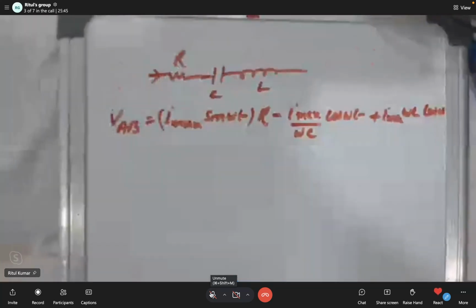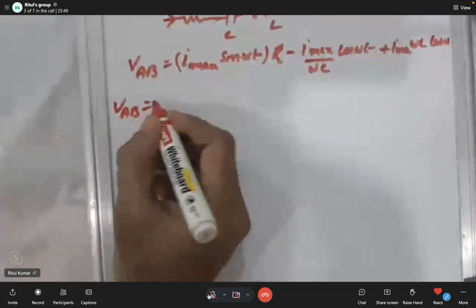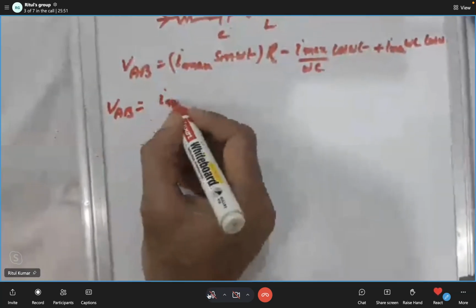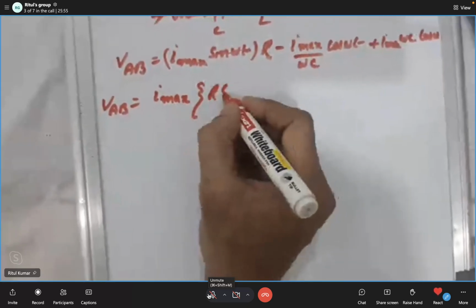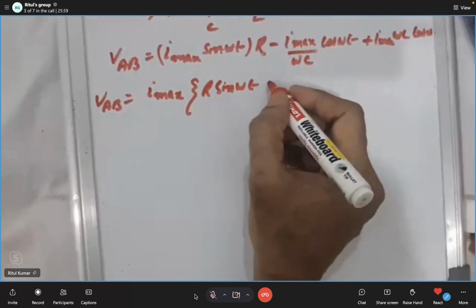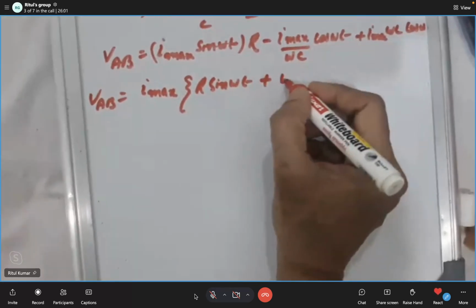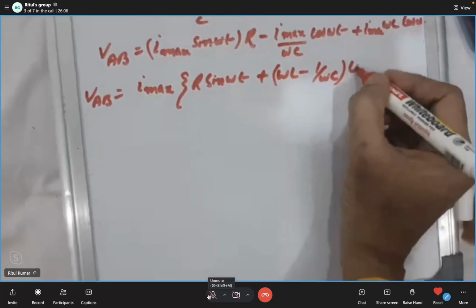We checked it. VAB, Imax can be taken out. We get R sine of the angle omega t for this part. And what do we get from here? Omega L minus 1 by omega C. Back to the same form, right?